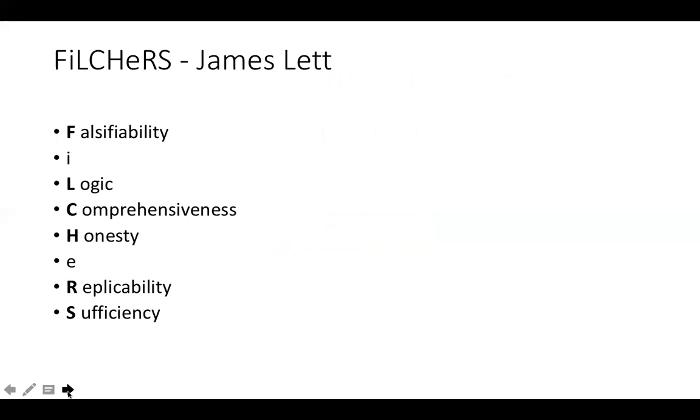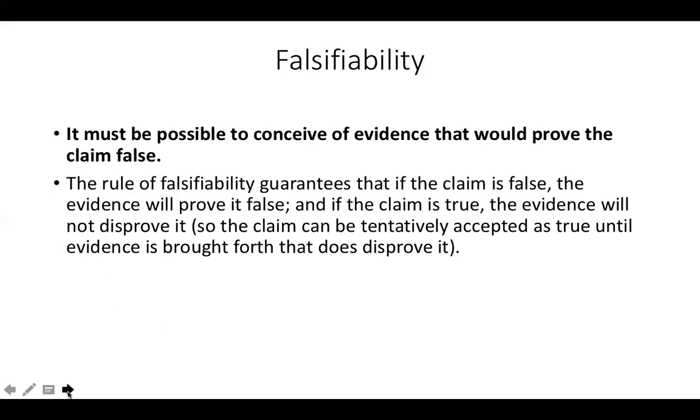So FiLCHeRS, the F stands for falsifiability. We will define each one of these words later on in detail. L is for logic, C is for comprehensiveness, H is for honesty, R is for replicability, and S is for sufficiency.